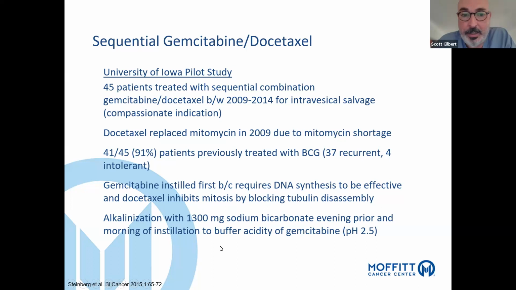We started noting in our patient population that they would report inability to hold beyond maybe 20 or 30 minutes the gemcitabine, which is the first drug, and that kind of sets them up for failure for the 2nd drug. So we added a tablet. So we use 1,800 milligrams of sodium bicarbonate the night of and the morning of, and we've seen anecdotally better tolerance and holding ability in our patients.